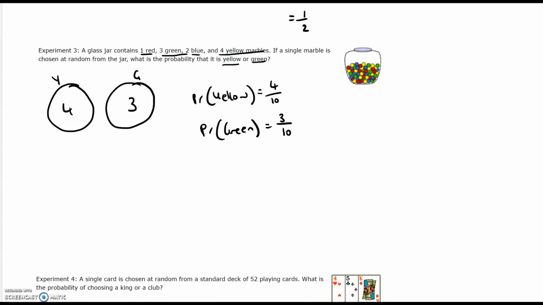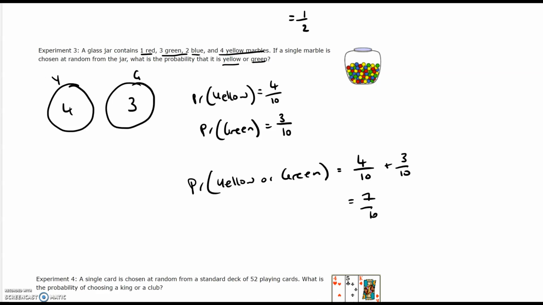Notice that I didn't simplify this fraction even though I could have made it 2/5, because I want to keep both fractions with denominators of 10, which makes adding them together a lot easier. So my probability of yellow or green is 4 out of 10 plus 3 out of 10, which is 7 out of 10.